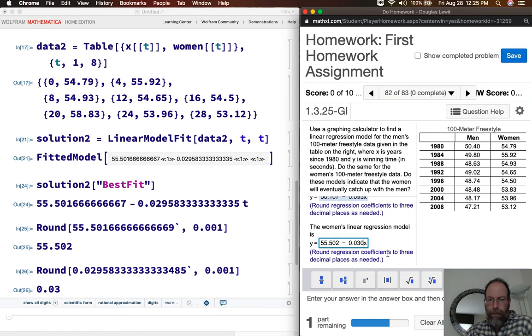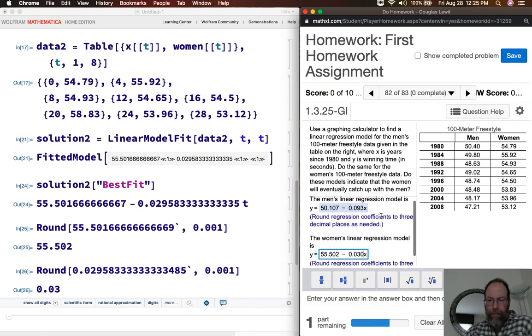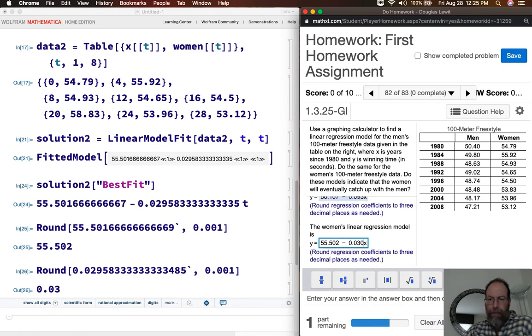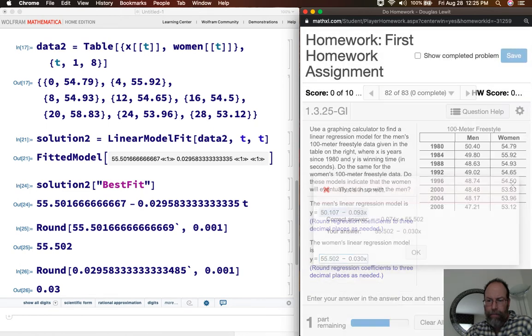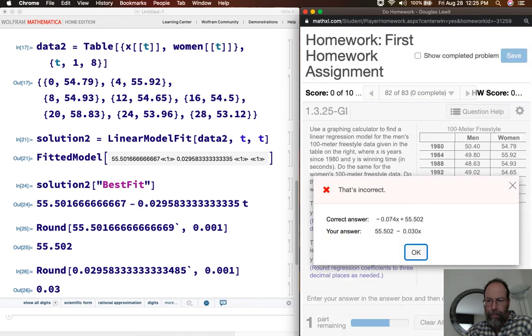55.502 minus 0.030x. Let's do a final check here. Okay, so my answer is 55.502 minus 0.030x.